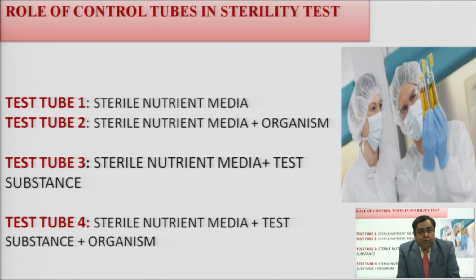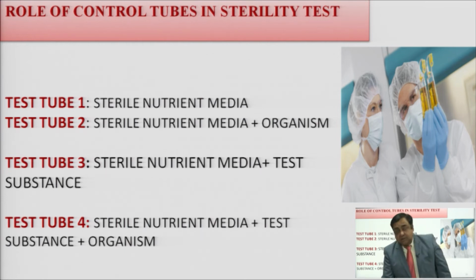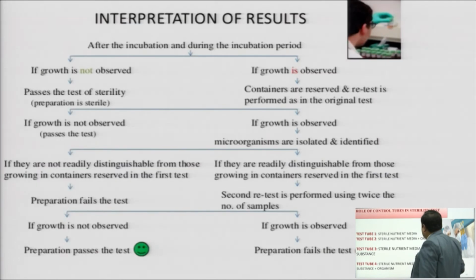And if test tube number 4 is clear, it means the test substance is having antimicrobial property, due to which the organisms were inhibited to grow. That is the reason why you have to first deactivate, neutralize the test substance before you are carrying out this test.